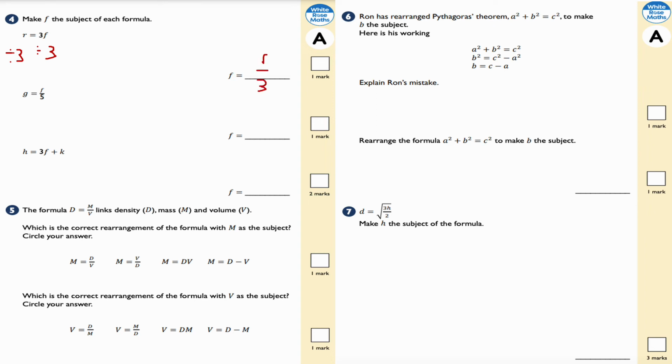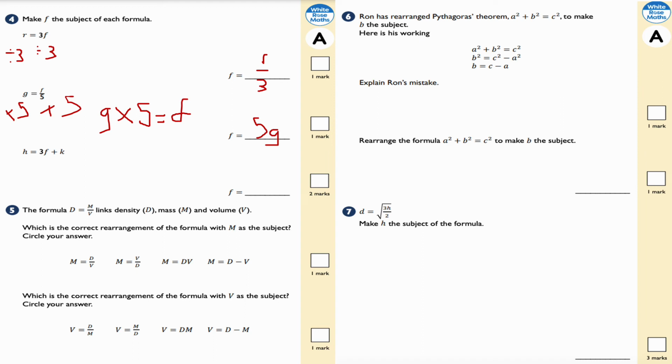G equals f divided by 5, so timesing both sides by 5 to get rid of that fraction on the right hand side, f is equal to 5g. I think examiners will allow it if you wrote g times 5 or 5 times g, but try to always remember that if you're timesing a letter by a number, then write it as a number and then the letter next to it without the times sign.